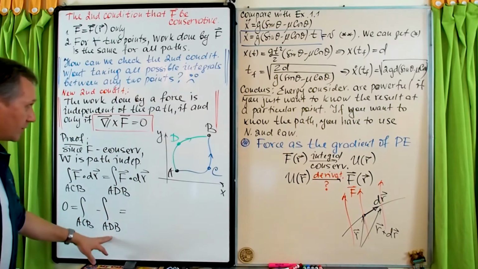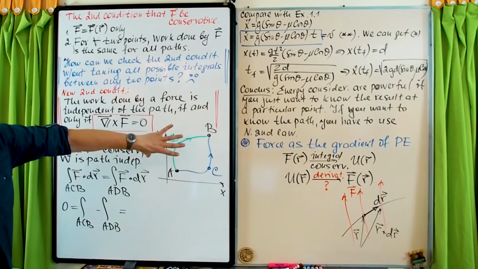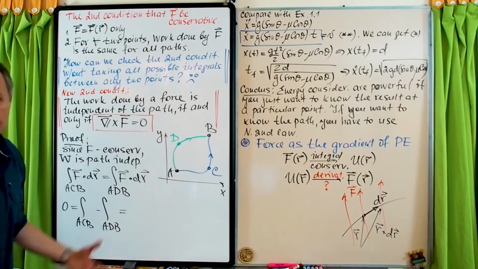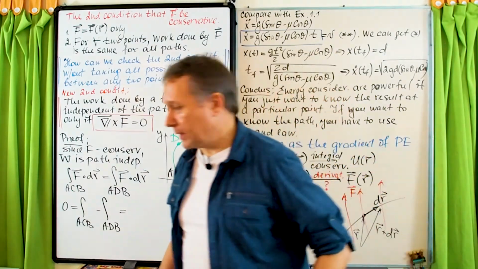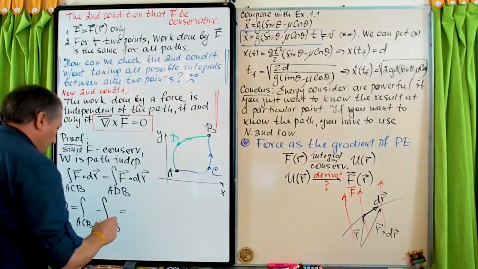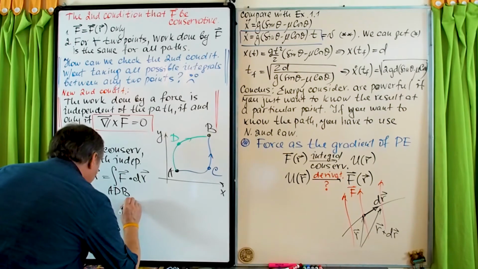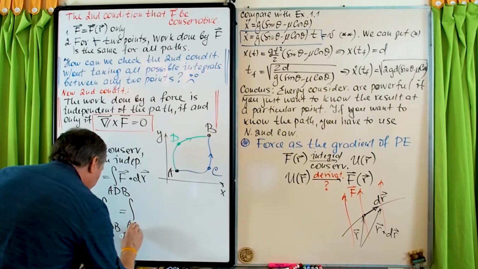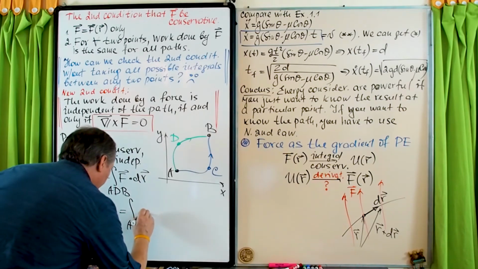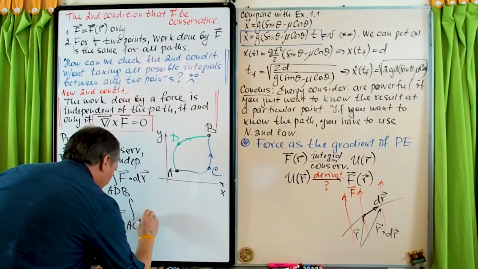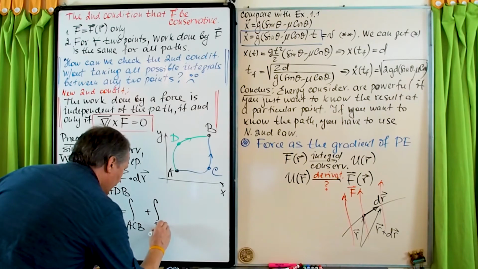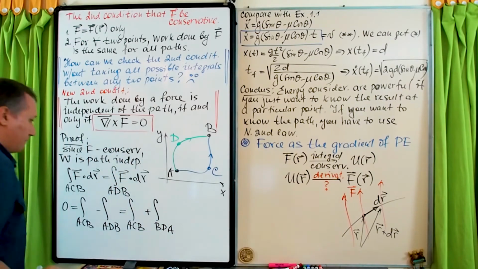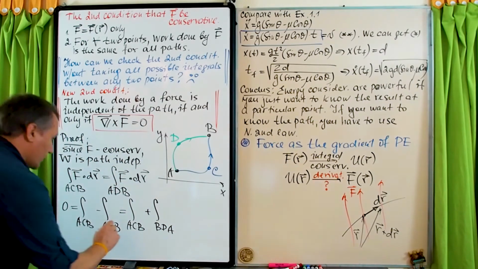Now let's reverse the direction over this green path. A minus will just appear, nothing else will happen. So we will end up with the integral of ACB plus the integral of BDA, just reversing the direction.